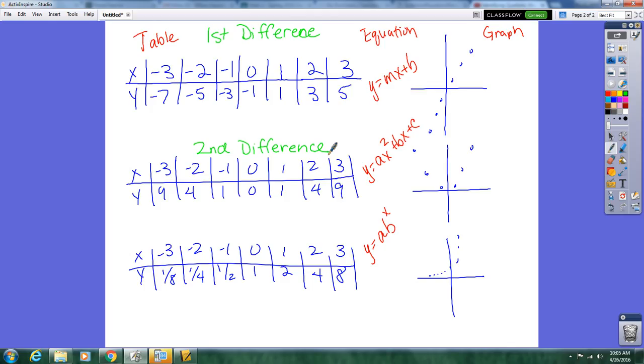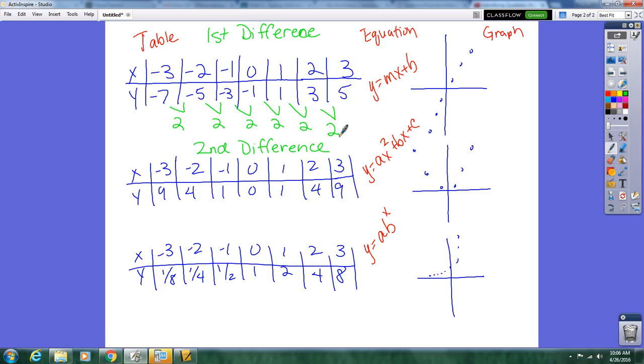So on your paper, he was talking about subtracting -5 minus -7. You should be able to do that one on your own. -5 minus -7 is going to be 2, and -3 minus -5 is 2. And so on and so forth, every time you subtract those, it's going to be 2.